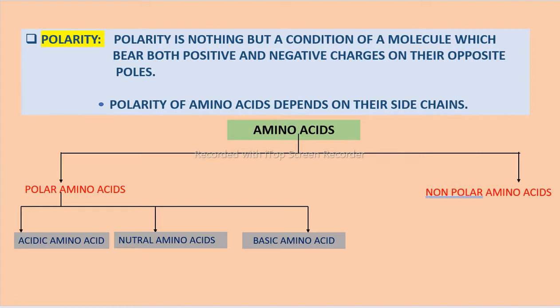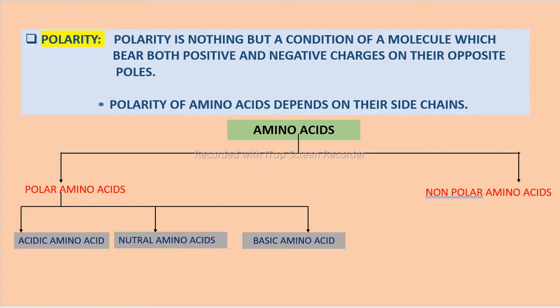In the case of amino acids, the polarity depends on the charges on their side chains, because all amino acids have the same basic structure. They differ in their side chains. The length of the side chains and the molecules in the side chains are different in different amino acids.